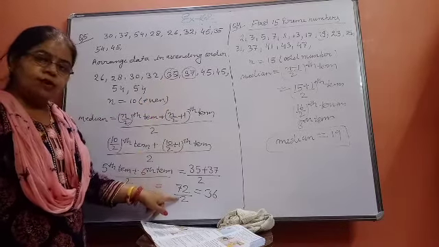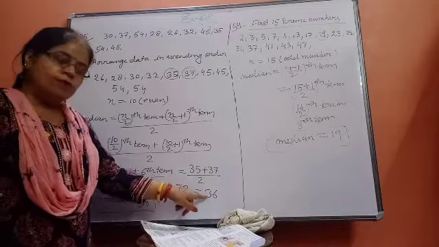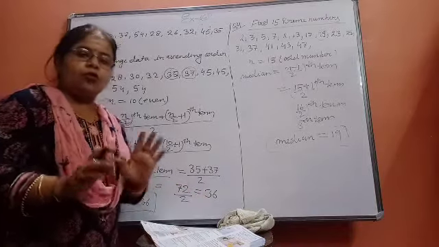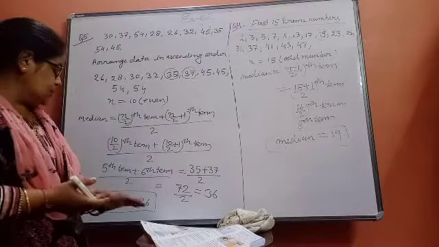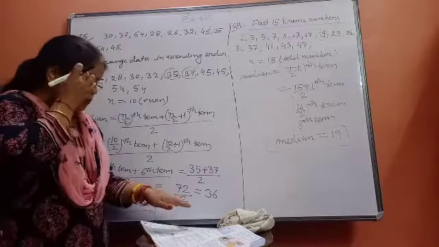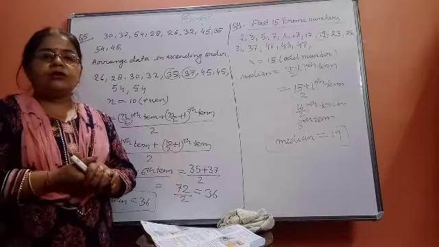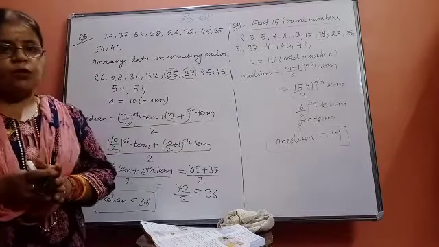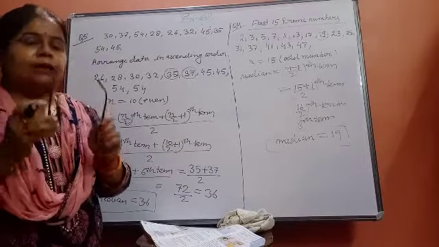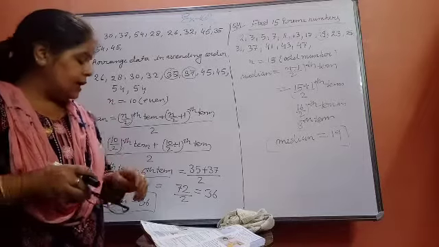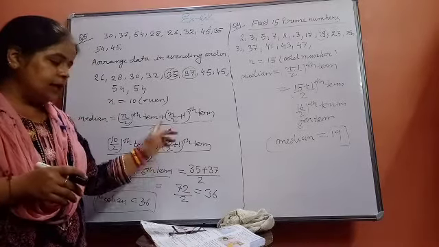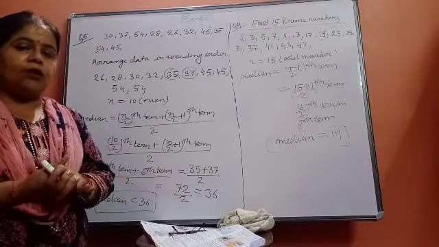If you add them, 72 upon 2 is coming, so your median will be 36. So don't be confused on the basis of the answer sheet. Okay, so whatever we are doing is correct, and always keep confidence with you. Many children are getting confused and writing to me, so that's why I am clearing your doubts also, so that you are not confused.